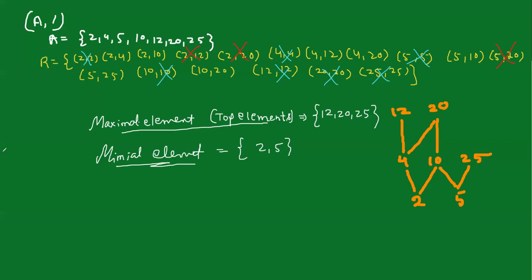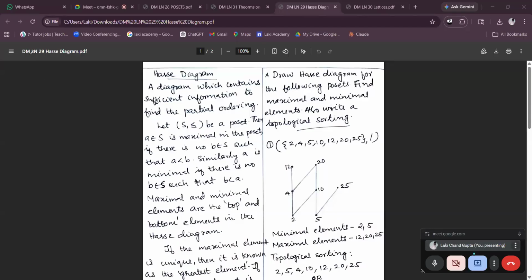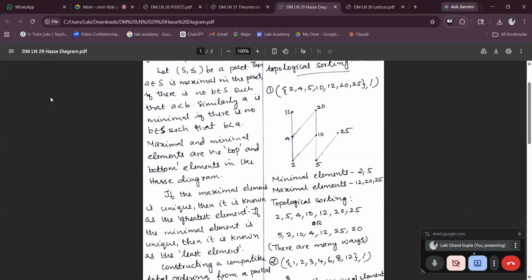Yes. That's it. Done? Yes. What is topological sorting?